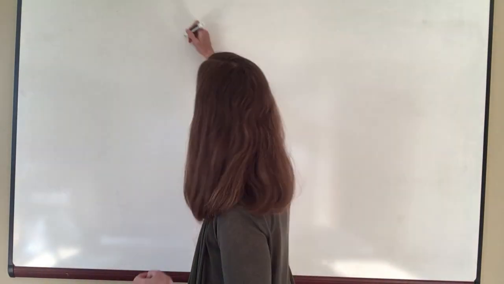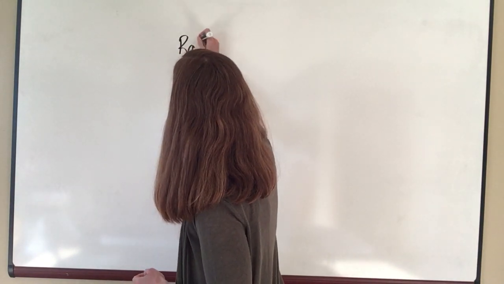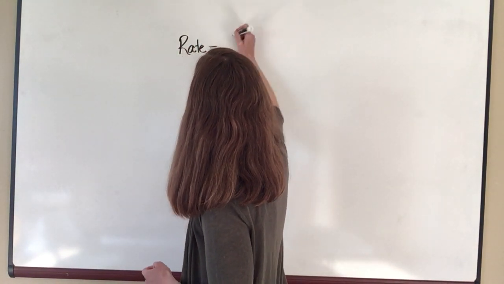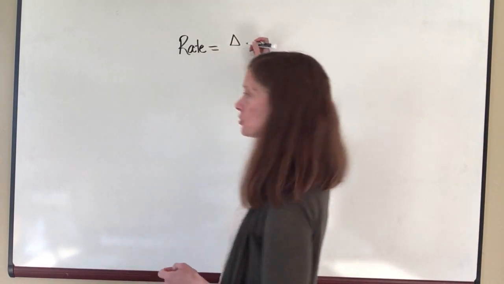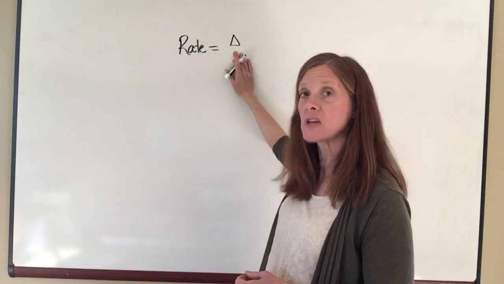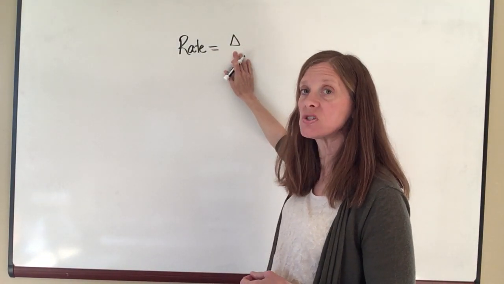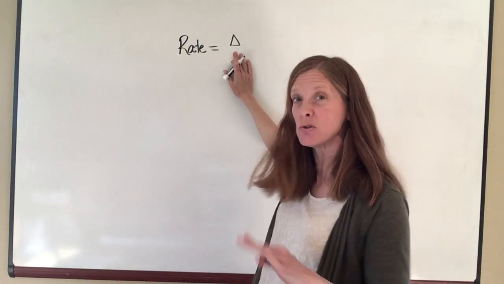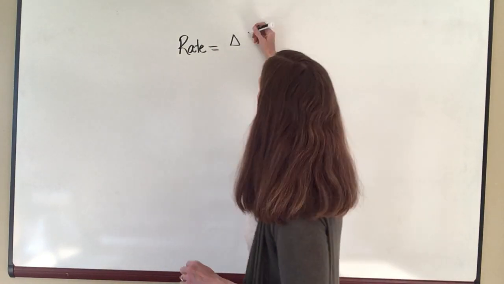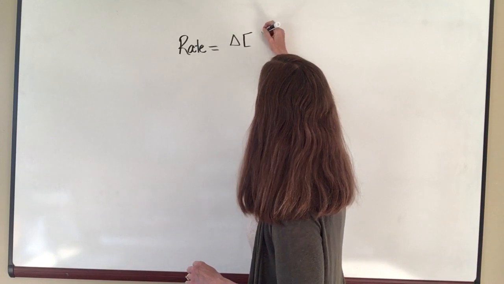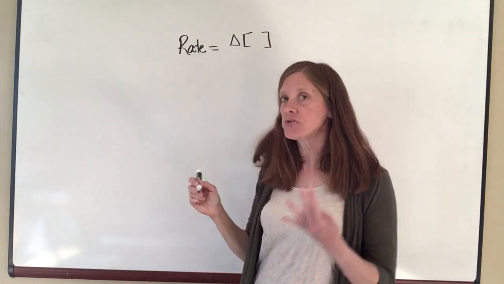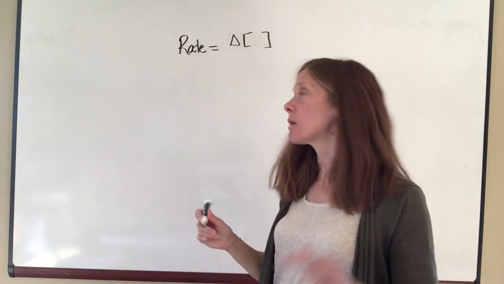So to define what the rate of a reaction is, we define it as the change in concentration. And you remember the Greek letter delta is the Greek letter that we use to indicate a change in something. We use that in our calorimetry chapter. So it's going to be a change in concentration of some reactant or some product.